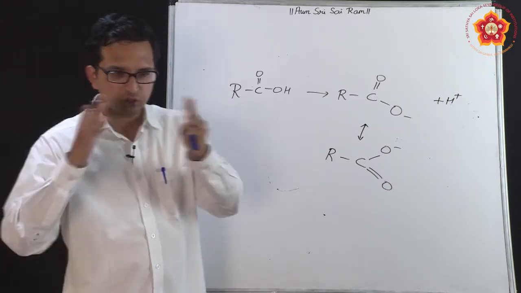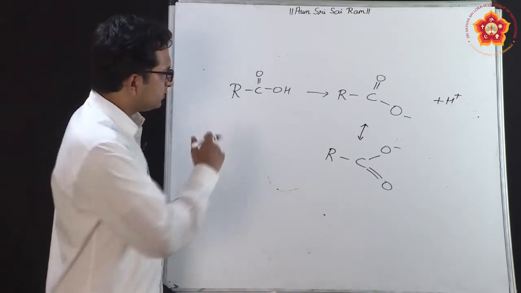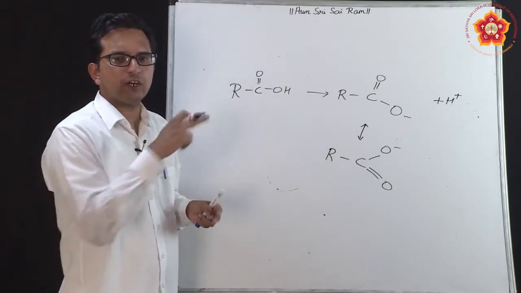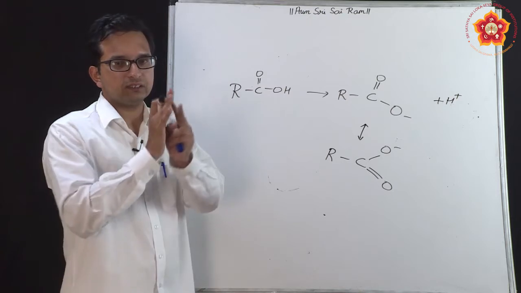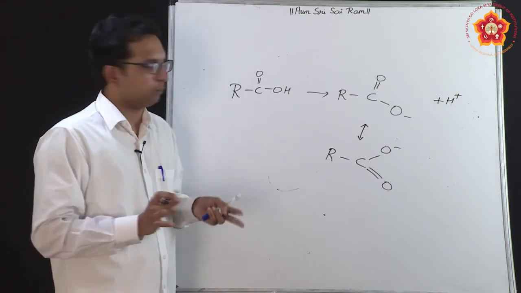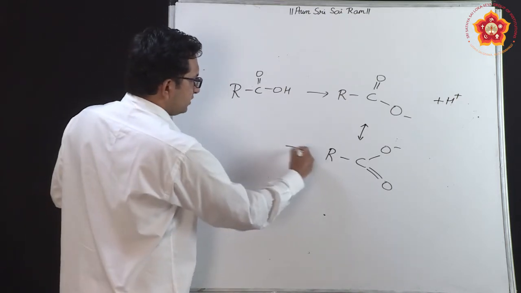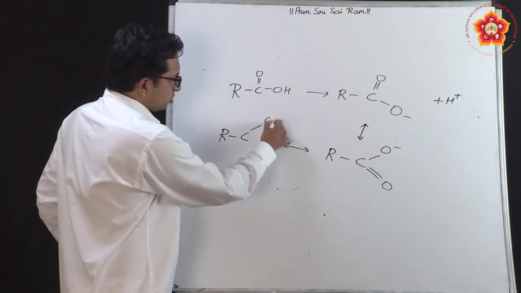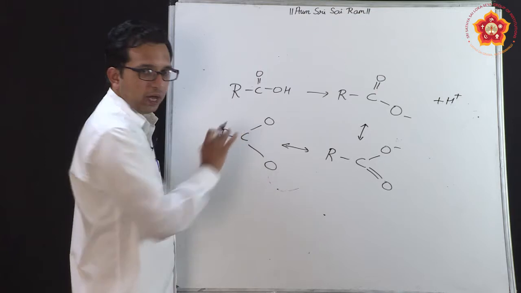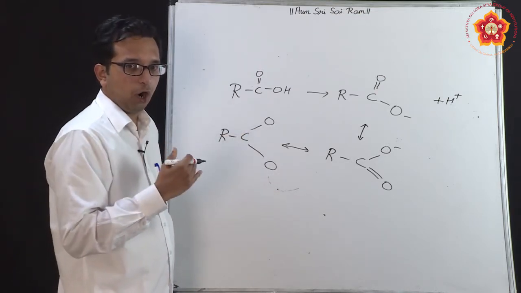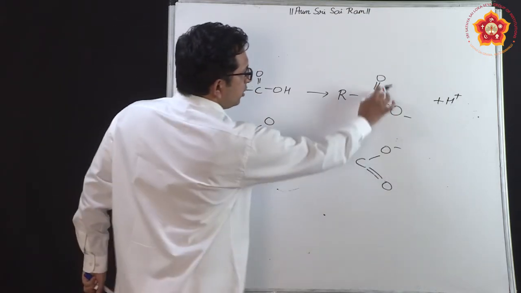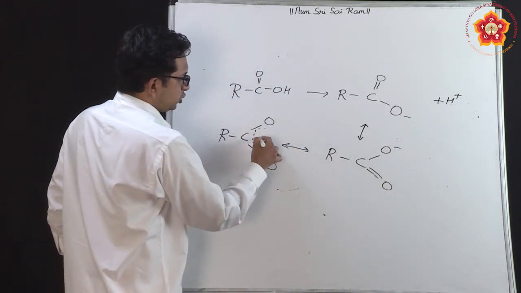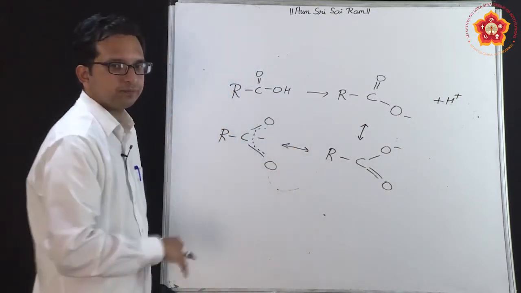If you remember the resonance structures of the benzene ring, basically they underwent a process of transfer of electrons, but finally the same structural properties were obtained. Together, we can write this as R-C with both oxygens connected to carbon, with the pi bond delocalized, and the negative charge actually fluctuating between the two oxygens.